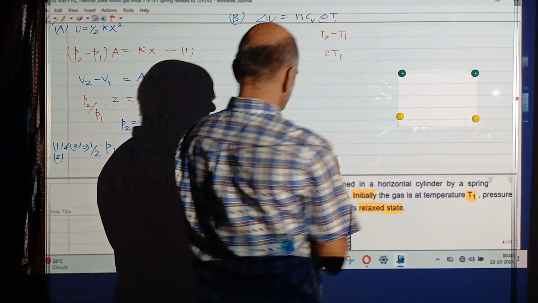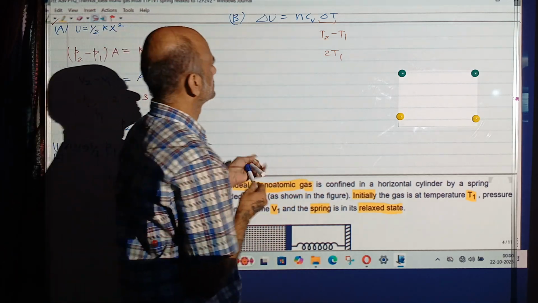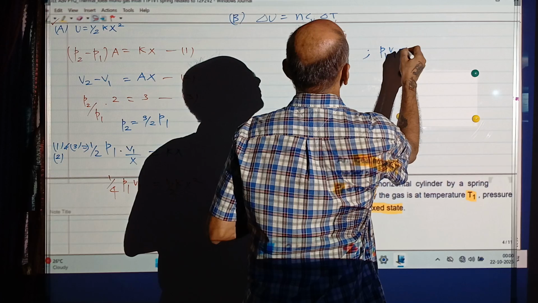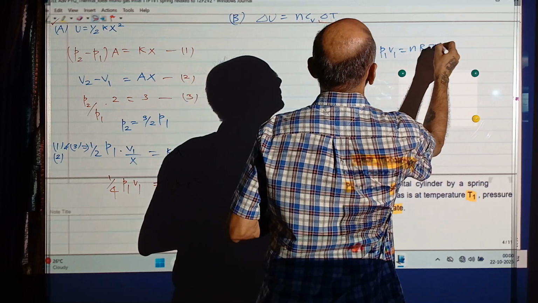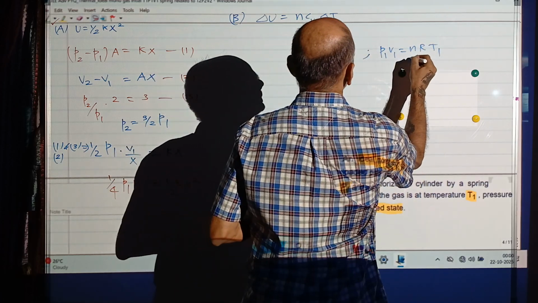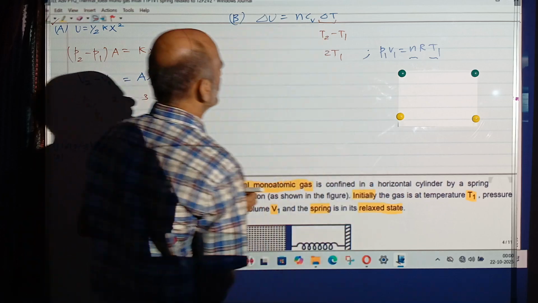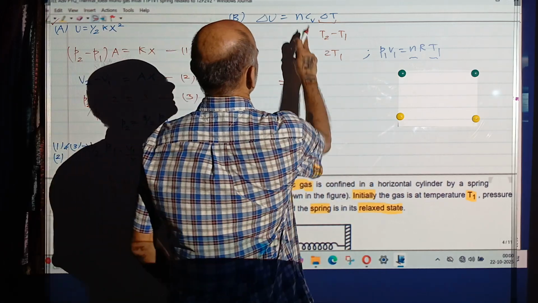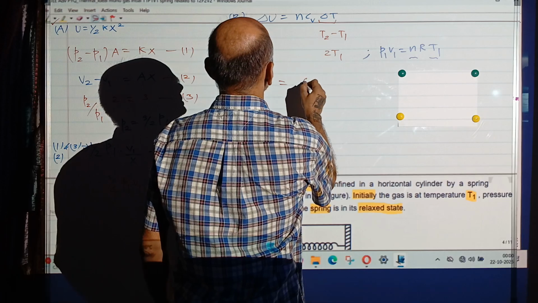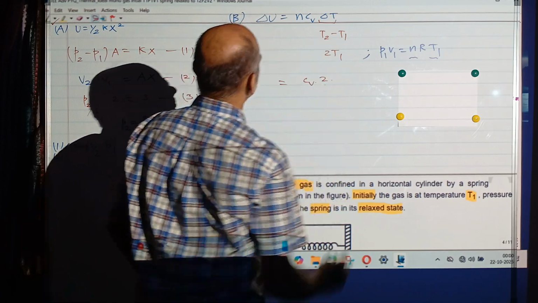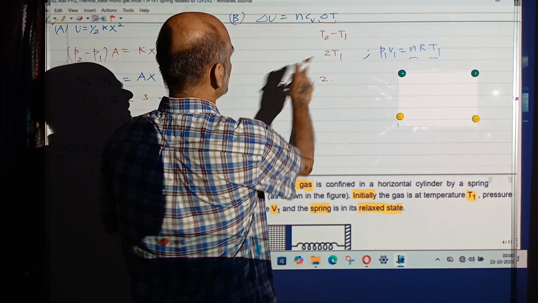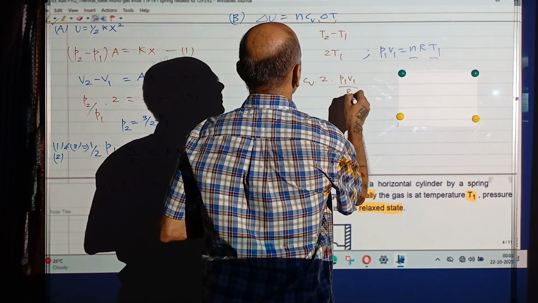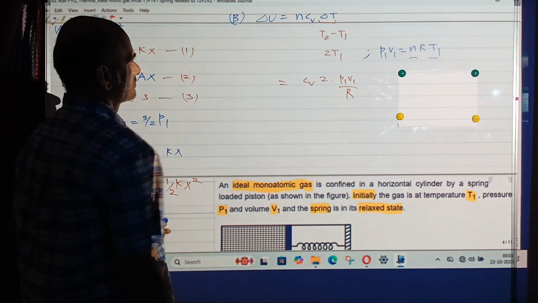And we can use the ideal gas equation, P1 V1 equal to nR T1. So nT1 I can write as P1 V1 by R. So delta U will become CV into 2, into nT1, and nT1 is P1 V1 by R from this gas equation.